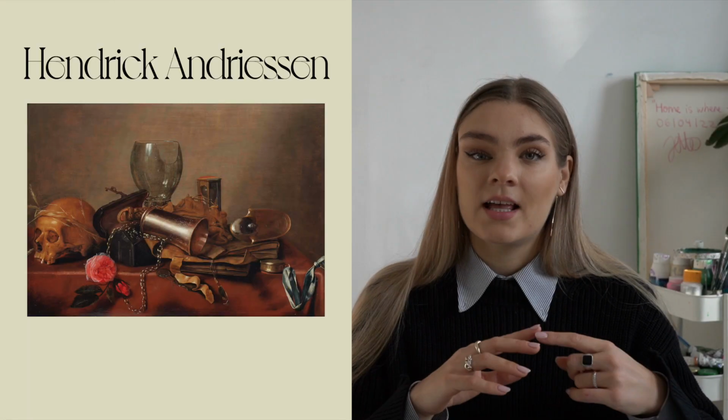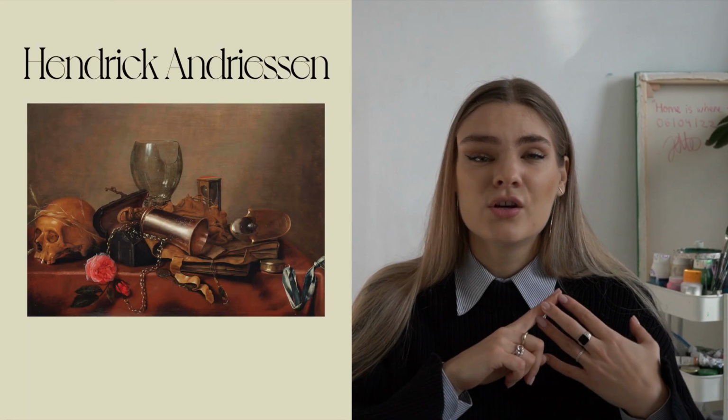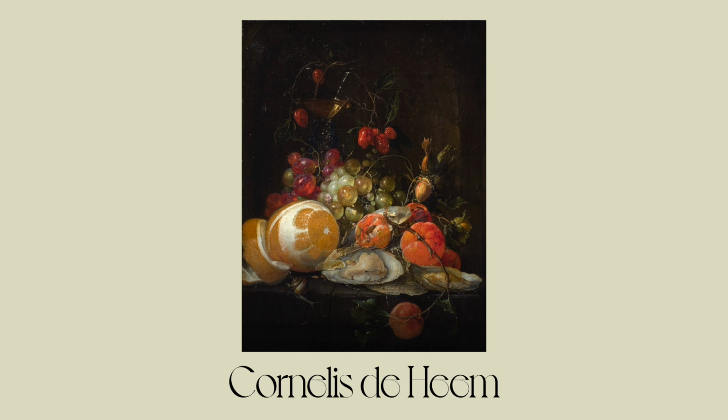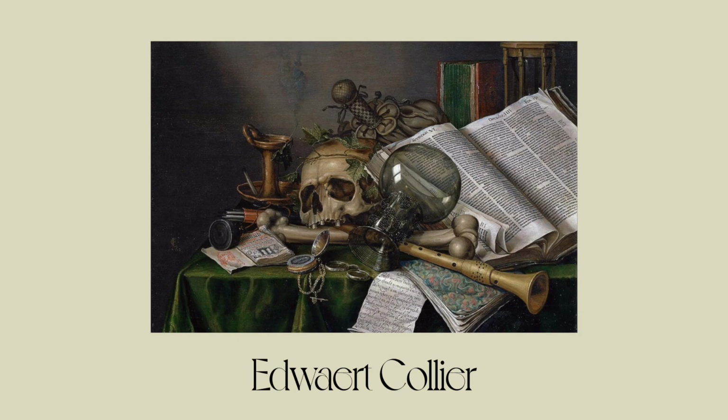But before I'm starting, I'm gonna give you a little bit of context into what still lifes actually are. It's mostly objects like vases, glasses, fruits, plants, plates, candles, instruments, and I always thought that the objects were just arranged aesthetically, but they actually have a meaning.